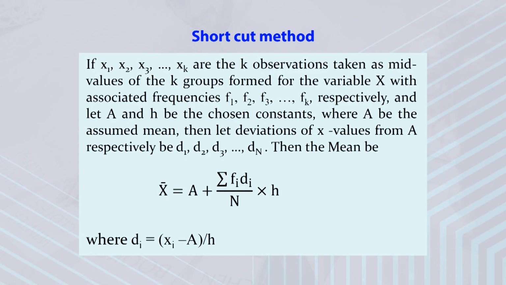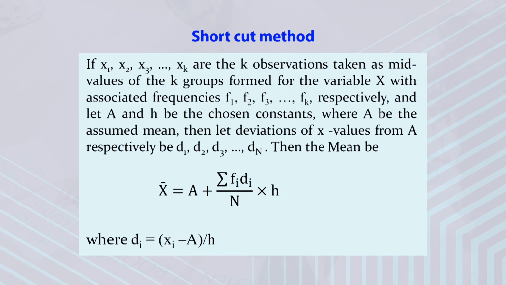So, in this method again we take the mid values, and out of these mid values we select a constant capital A as an assumed mean, and then we take the deviations of all the mid values from this assumed mean, and this is denoted as d1, d2, d3 up to dn for the data.